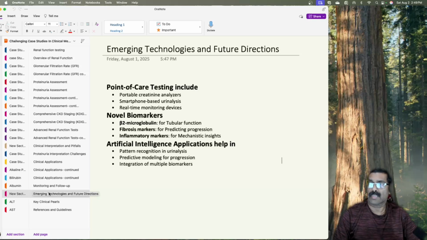Artificial intelligence applications help in the following situations: pattern recognition in urinalysis, predictive modeling for progression, integration of multiple biomarkers.